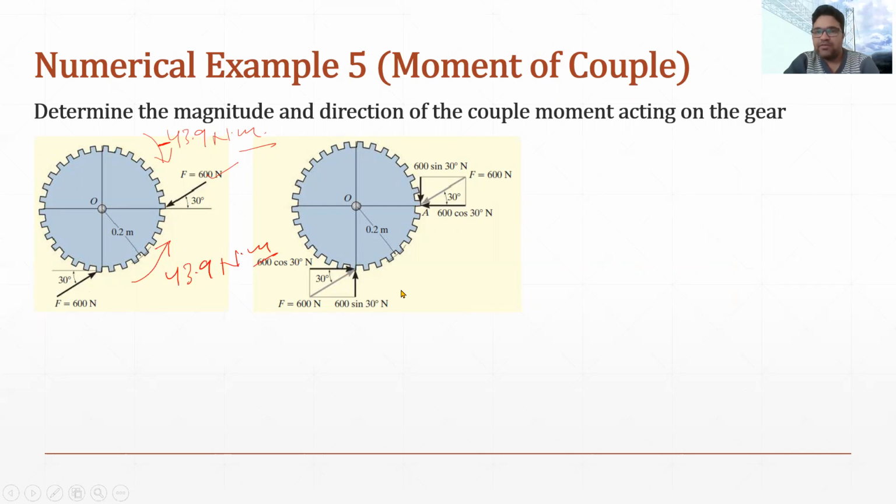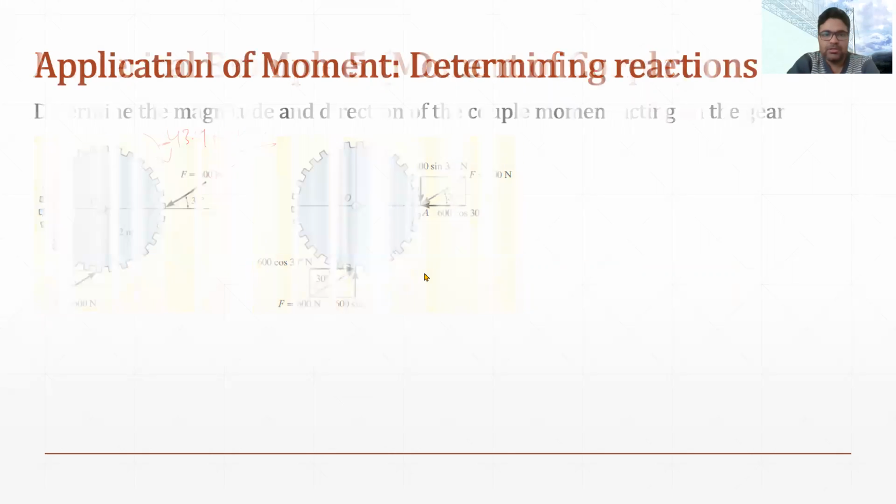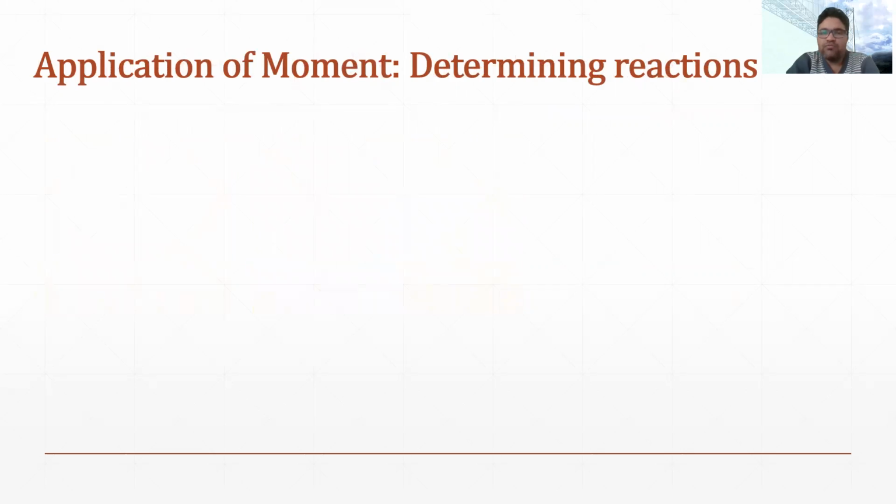So this is how we can find out the moment of couple of the system. Now we will discuss the application of moment in our structures. In structure analysis, the major application is that by using the principle of moment, we can determine the reactions in our structures.